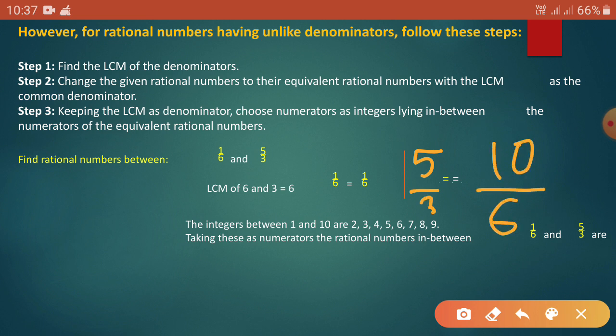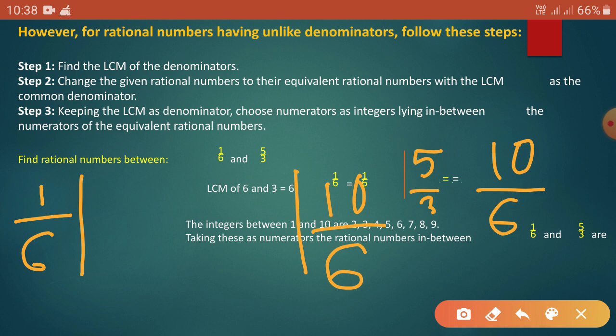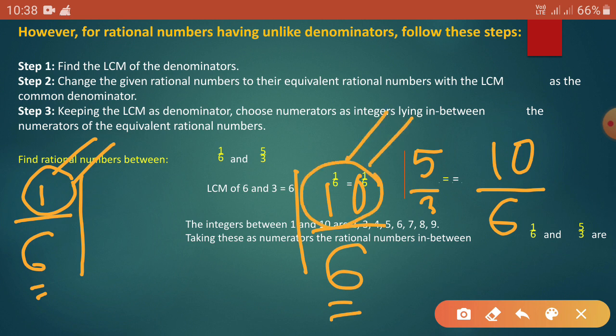Now the denominators are equal, so we have to find the numbers between 1 by 6, the first rational number, and 10 by 6. Now we follow the same rule we used in the previous slide. Here the denominators are the same, so we look at the numerators. Here the numerator is 1 and here it is 10, so we write the numbers in between 1 and 10, that is 2, 3, 4, 5, 6, 7, 8, 9.